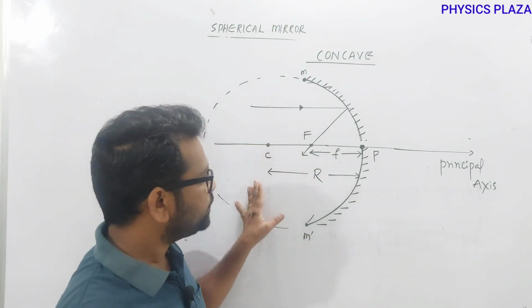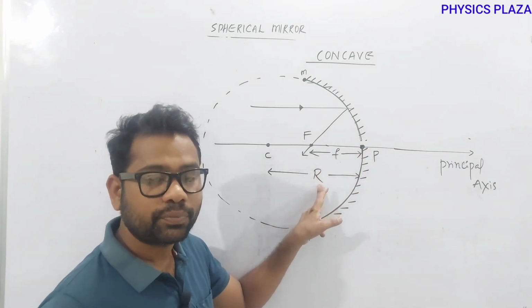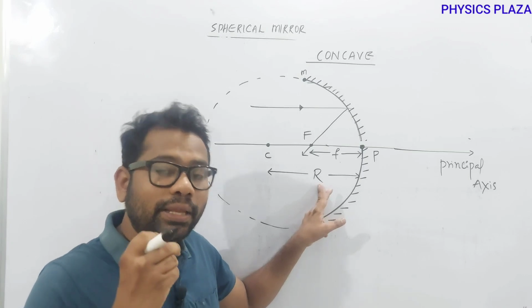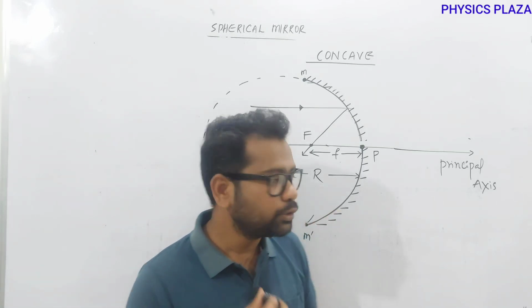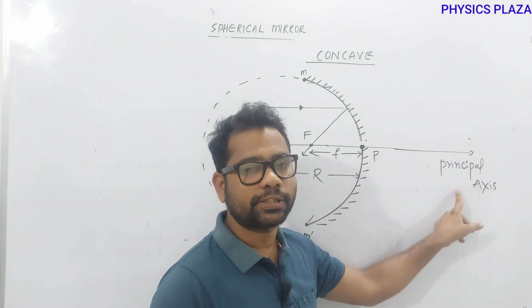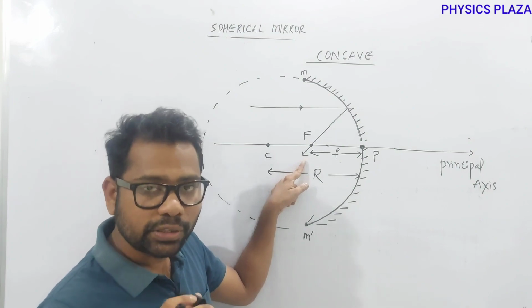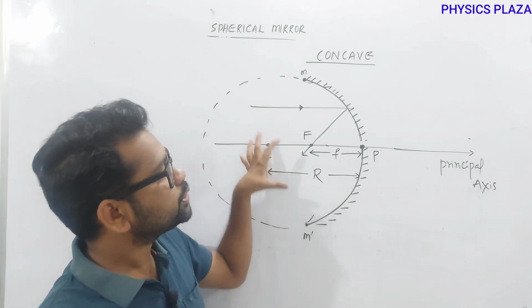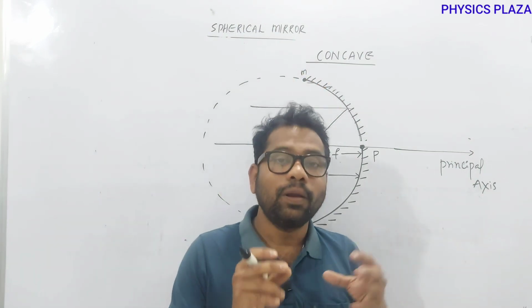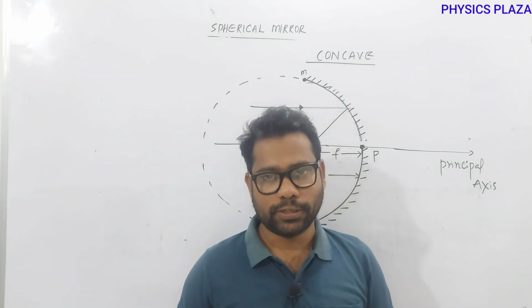And children, the distance between the center of curvature and the pole is called the radius of curvature. And what is the principal axis? An imaginary infinite line passing through the center of curvature and the pole of the mirror is called the principal axis. And one more very important thing, children, is the focus. What is the focus? After reflection from a concave mirror, all light rays will meet at a common point on the principal axis, called the focus.